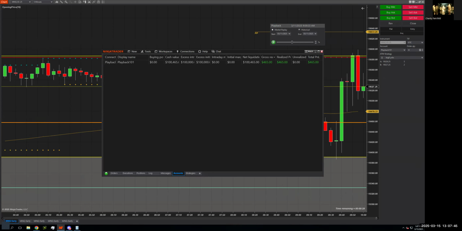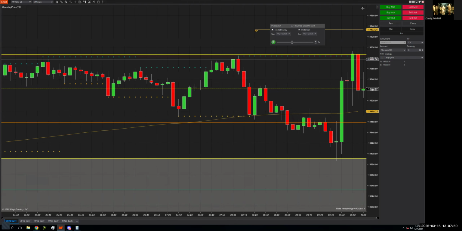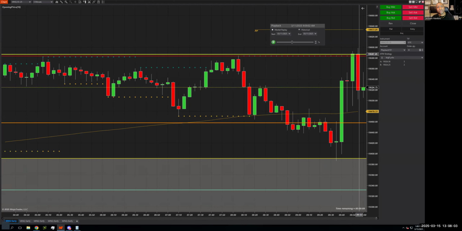Mr. H, this yellow level at the 19, this one right here, that red candle, it wicked over that level but it closed just a little bit above.